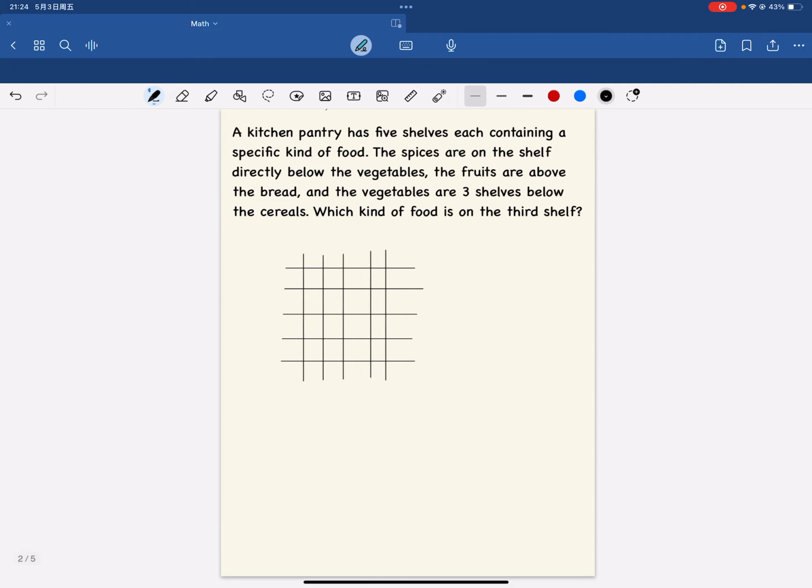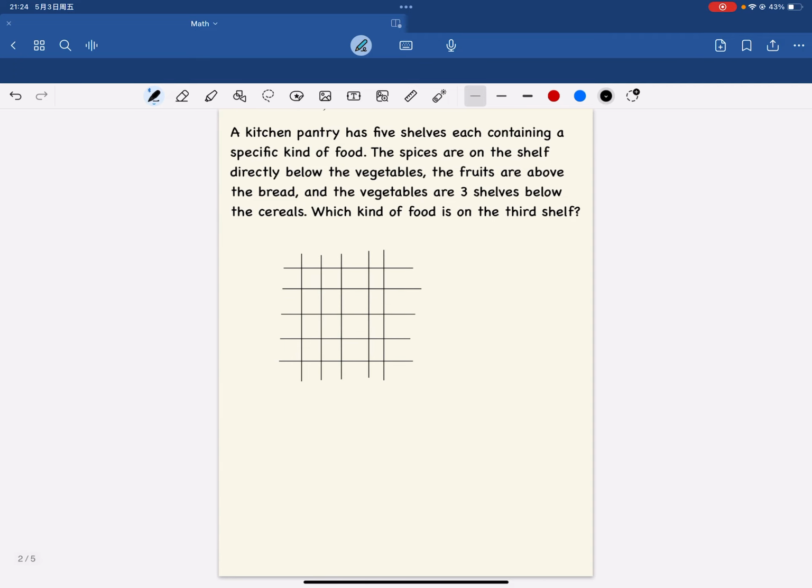Here. So now we're going to write the different kinds of foods on top and the different layers on the side.